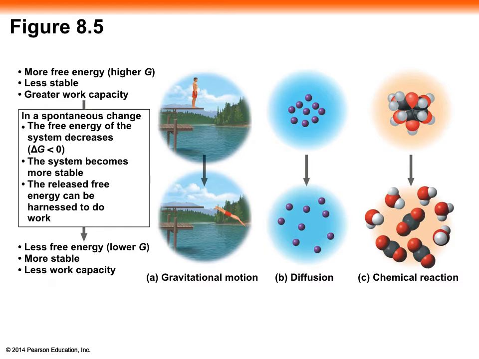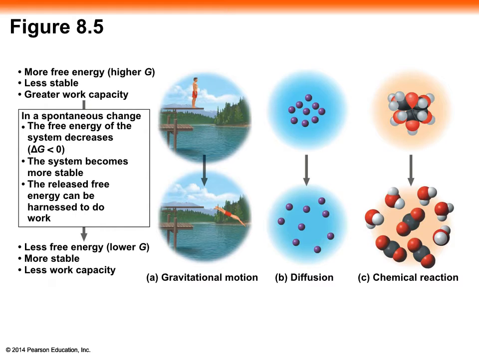And once again, talking about spontaneous or non-spontaneous. Jumping off the diving board, is this a spontaneous occurrence or non-spontaneous? The answer is very much spontaneous. Negative delta G, spontaneous. You don't have to put any energy in to just fall off the diving board and drop down into the lake.